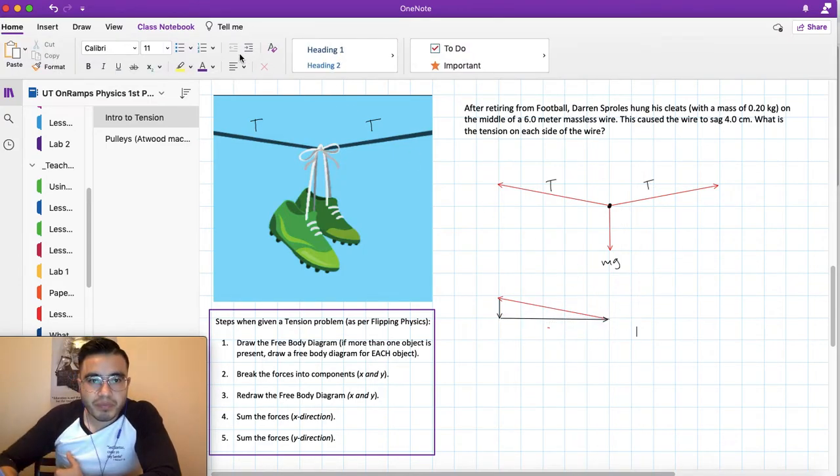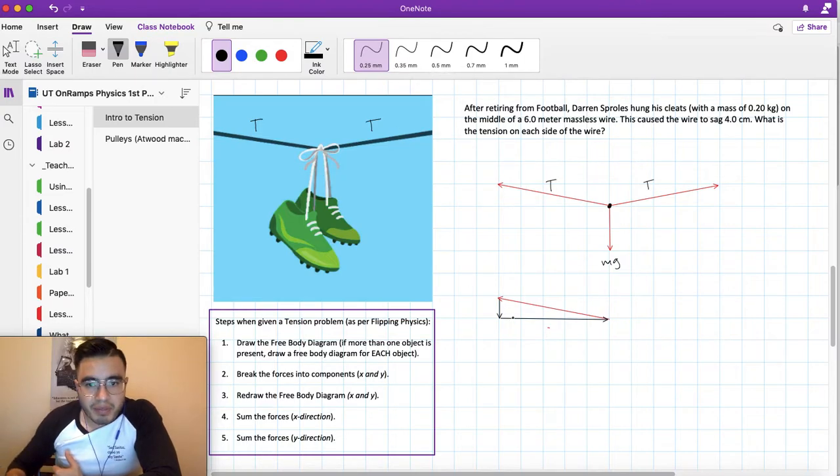There you go. And as you can see, we have one of our favorite shapes, a right triangle. Let's do that again. And this angle over here is theta, as we usually have it. And this is the tension.